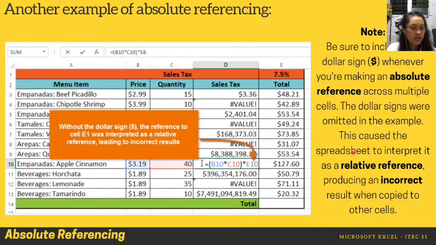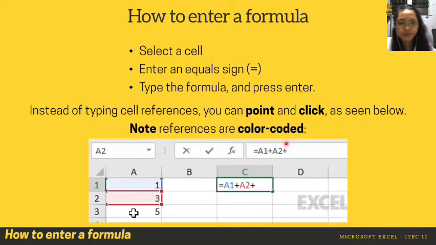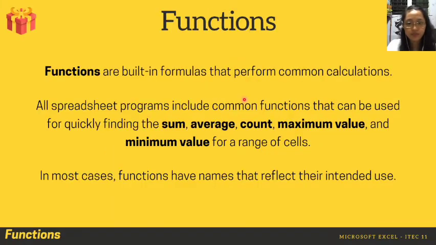Because as a default, our spreadsheet uses relative reference. So we need to use the dollar sign to make it an absolute reference. So here is how to enter your formula. So do not forget the equal sign. Always start with an equal sign if you are going to write a formula.